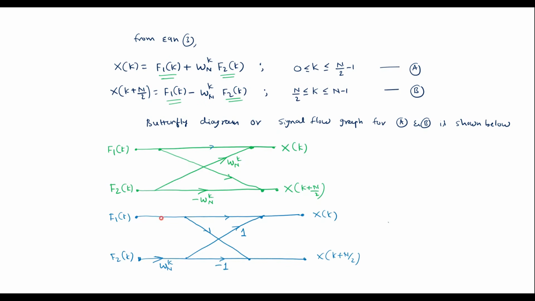So now this signal flow graph is used for the first stage decimation, that is N point decimation, where the inputs are f1 of k and f2 of k, and the outputs are x of k, where f1 of k is with respect to even sequences and f2 of k is with respect to odd sequences.